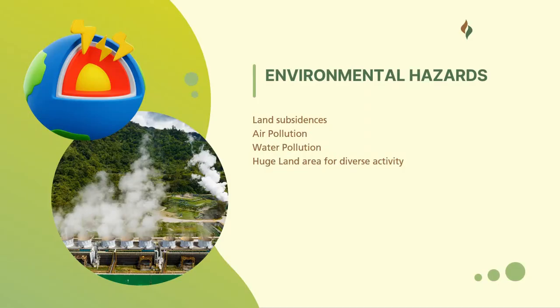Next, let us see what are the environmental hazards from the use of geothermal energy. First point, withdrawal of steam and hot water from geothermal sources may cause land subsidence.